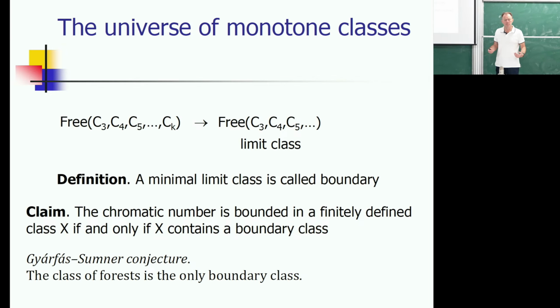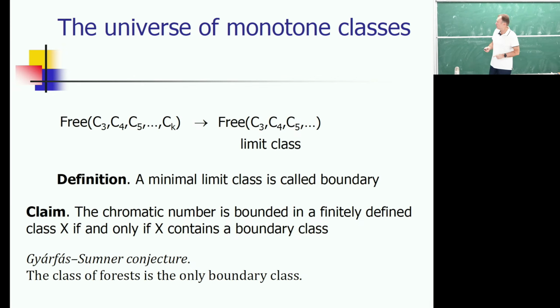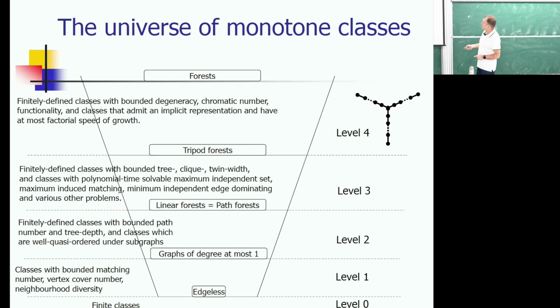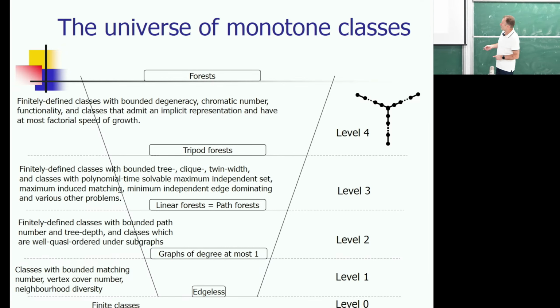So I started collecting this information about critical classes in the universe of monotone classes, and here is the picture which contains all my findings which I have been able to collect so far. So let me briefly discuss this picture.